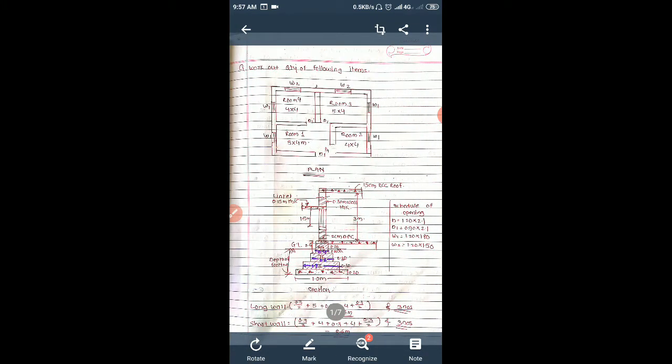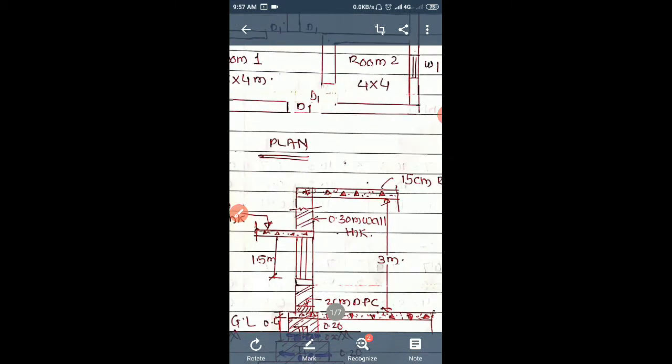Then the third part is PCC bed 1:4:8 in foundation. For long wall and short wall we will take the PCC bed. We have this small rectangle with 1 meter width, and 0.20 is the thickness or height of this PCC bed.